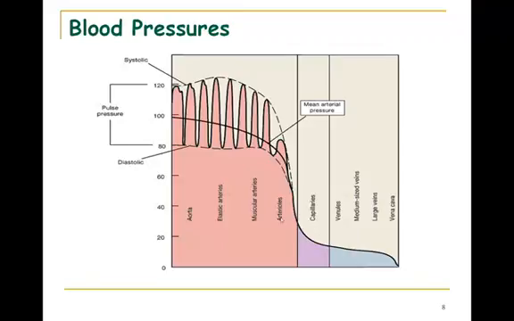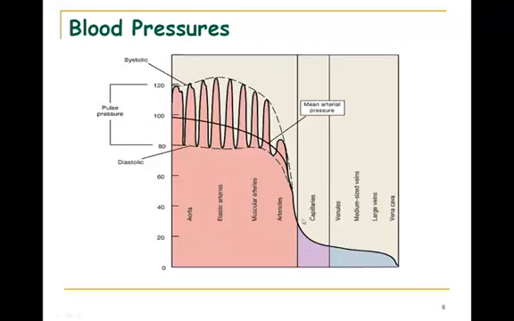The capillaries, here's yet another number to know. The average capillary pressure in the systemic circulation is about 17.3 millimeters of mercury. This will not be the only time you ever hear that number, but it's about 17.3 millimeters of mercury. So there's been a significant drop.